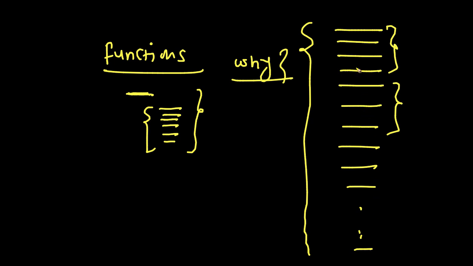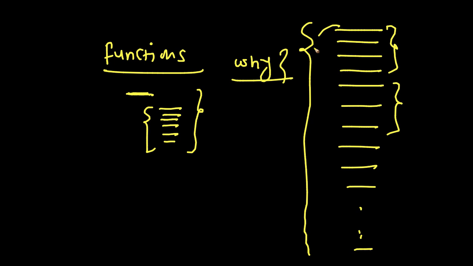So if you write a program in one single go, with all these statements together, it is difficult to manage and to memorize what portion is performing what task. So the idea is we divide the program into chunks of statements as modules.